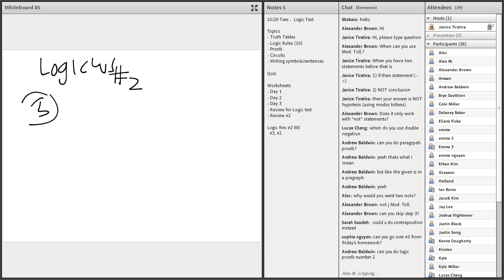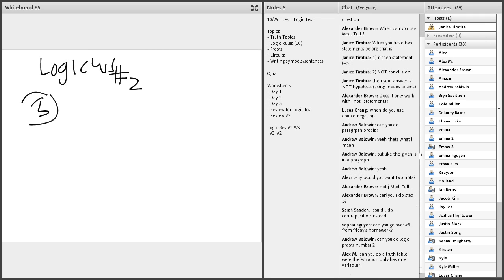It might be a little bit easier. So given, you can't see any of this yet: P goes to S, which goes to not Q.